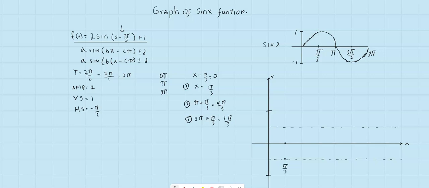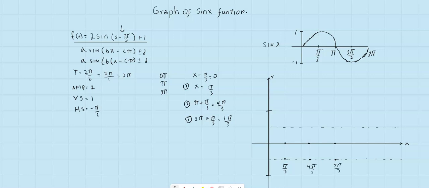Then somewhere around here, I'm going to have my other point, which I can write at the bottom. This is going to be 4 pi over 3. And then somewhere around here, I'm going to have my other 0, which is going to be 7 pi over 3.